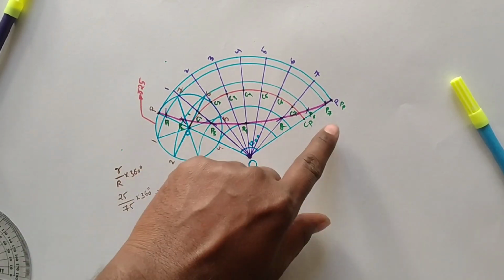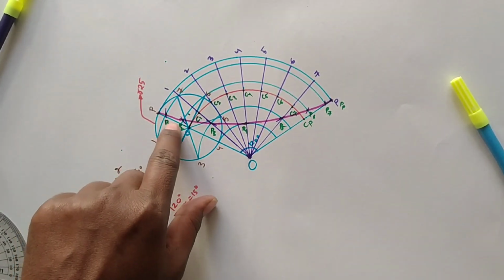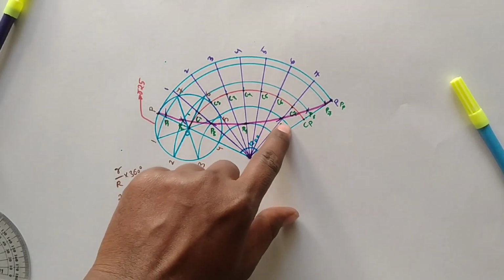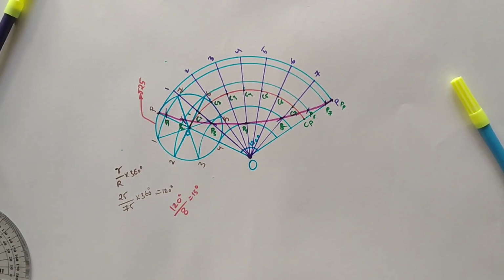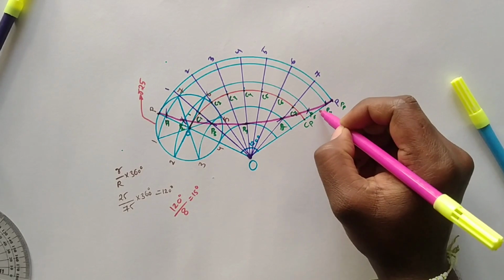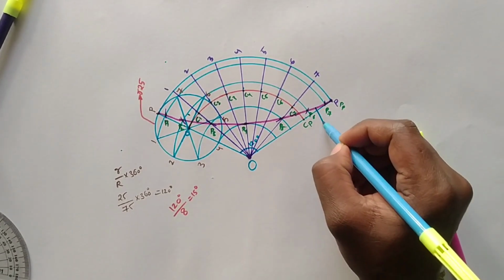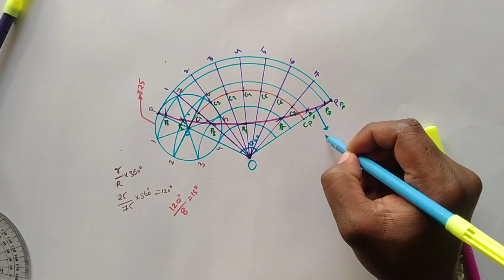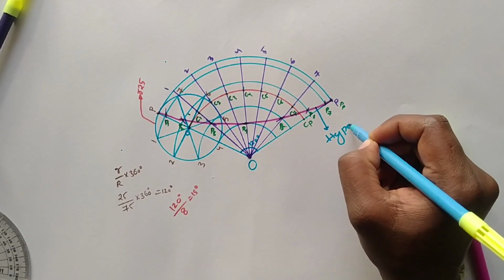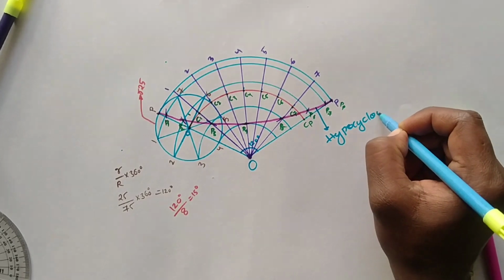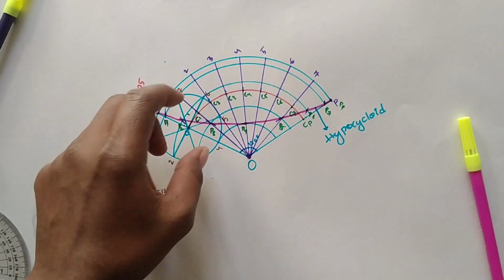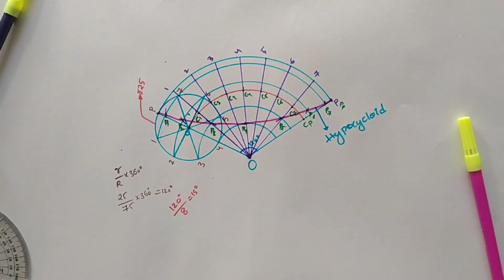After one full rolling, the locus of point P looks like this curve. The name of this curve is hypocycloid.